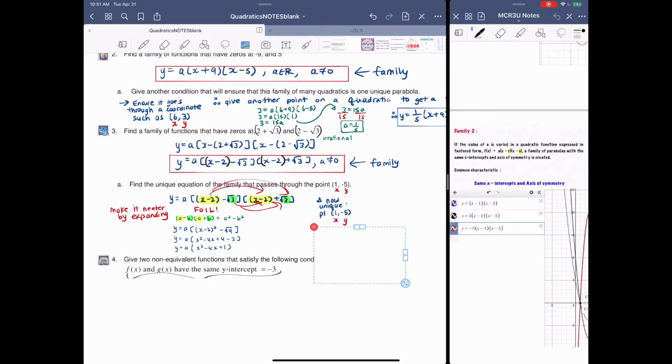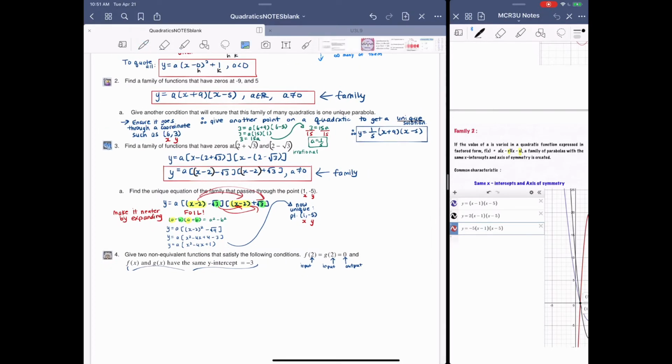So I'm going to now let it go through that coordinate. And so I'm going to simply plug in 1 for x and -5 for y and try to solve for my a value.